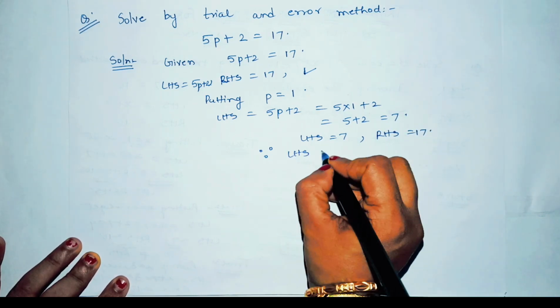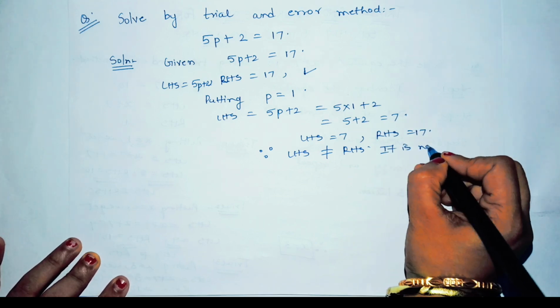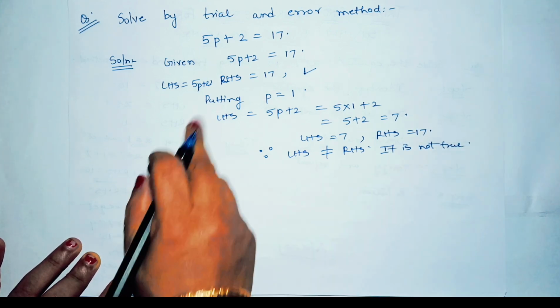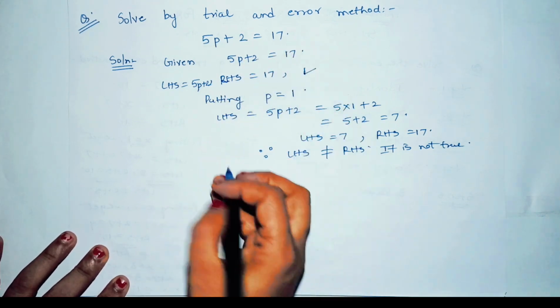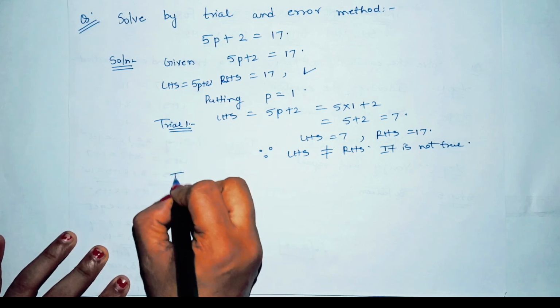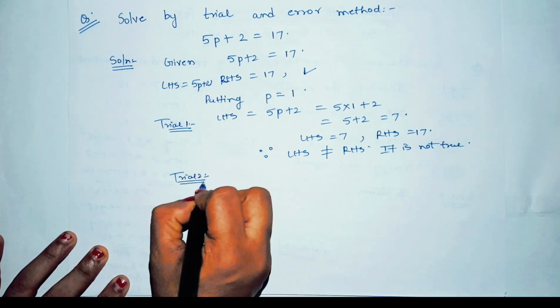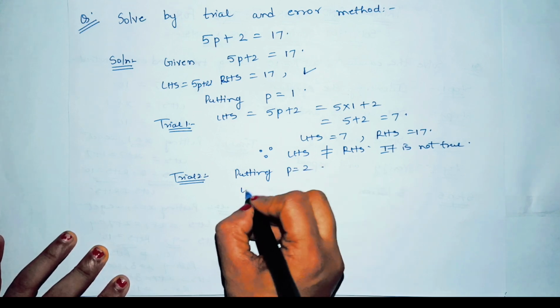Since LHS is not equal to RHS, it is not true. It means p is equal to 1 is not the solution for the given equation. Now this is trial 1. Okay, trial 2. Putting p is equal to 2.